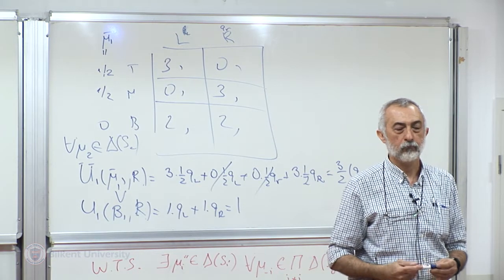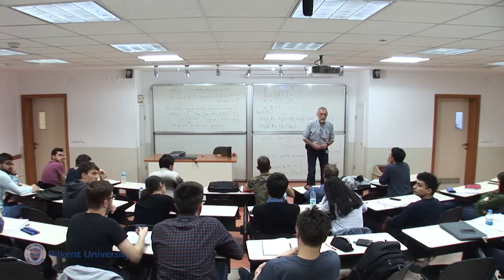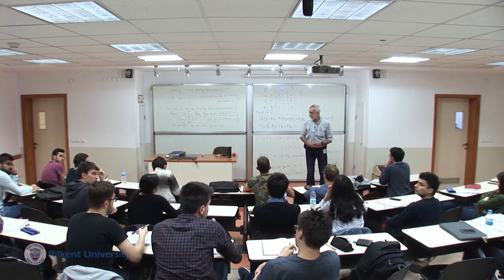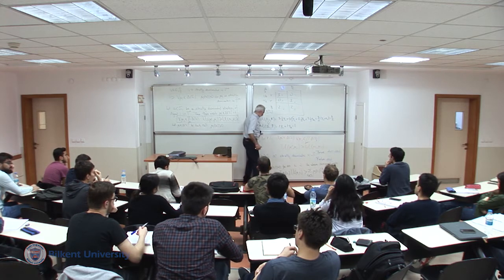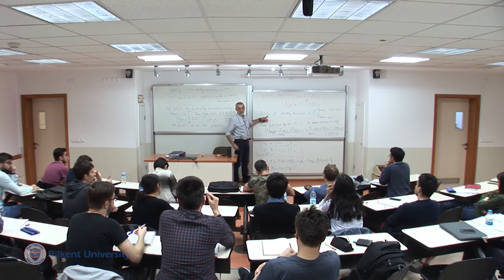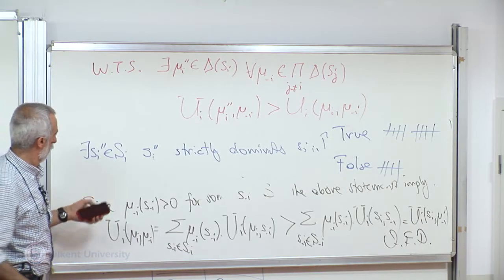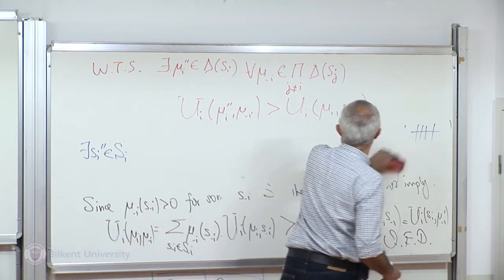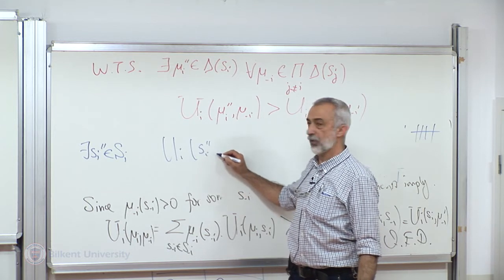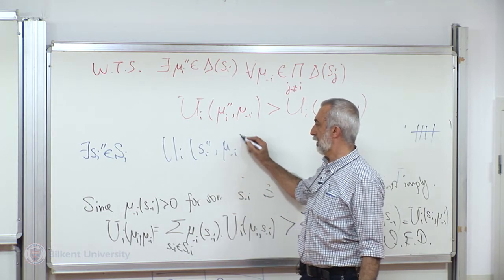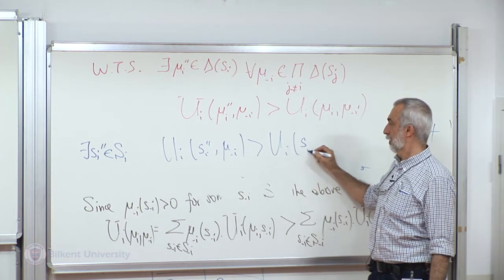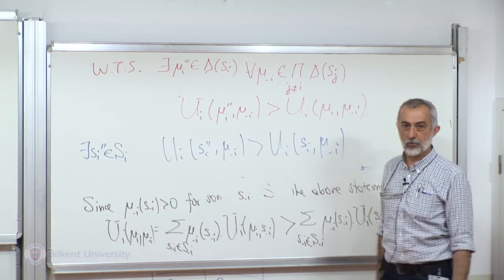I know this is true, but my claim is there exists, for example, in our case, u_i, T, mu. Wait a minute. There exists what? There exists another s_i double prime for each mu_minus_i such that u_i(s_i double prime, mu_minus_i) is greater than u_i(s_i, mu_minus_i).